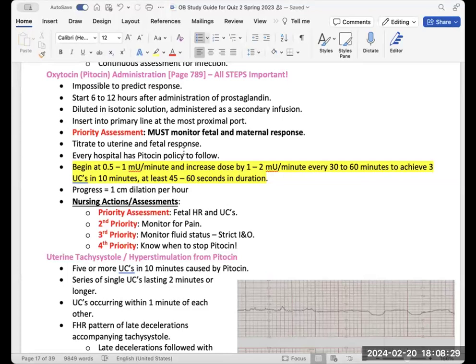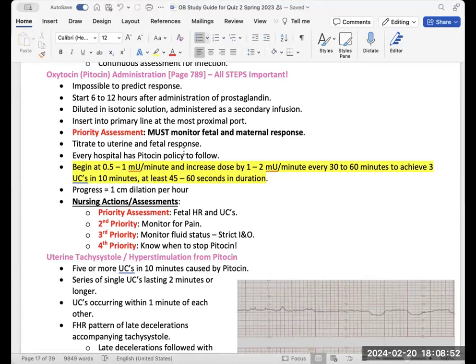So oxytocin's on the top, and then the primary is hanging on that little hook. We insert into the primary line at the most proximal port. I want you to know that, the most proximal port, okay? Which basically just means the closest port.